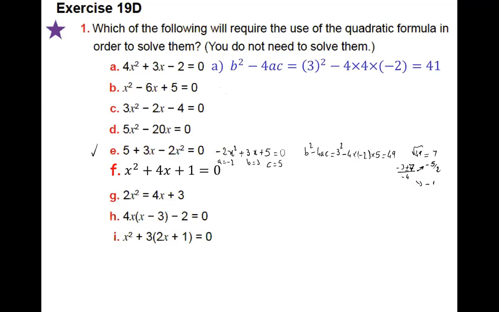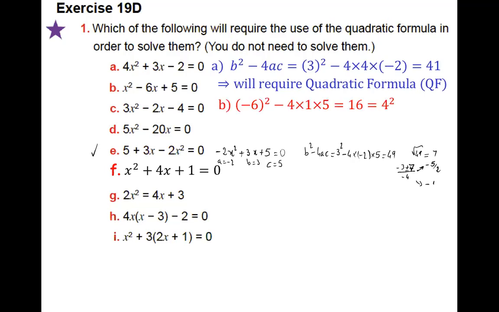The first one, we got 41 for the discriminant, because you need to take root 41, and that's not just a normal number. So you need the quadratic formula in order to give the answer. It's going to have some decimal places. Okay, so we will require the quadratic formula.